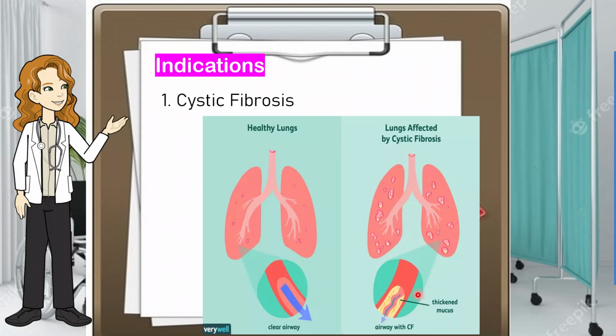Cystic fibrosis is a genetic disorder that causes a thick and sticky mucus buildup in the lungs and in other organs. So, it is very sticky and difficult for the patient to expel. That's why chest physiotherapy would help loosen these secretions.